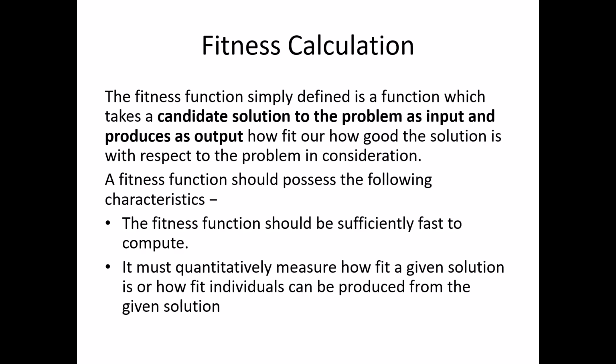That fitness function should be very fast to derive that particular solution, right? That should be a fitness function that we have to take. And the second characteristic is it must quantitatively measure how that fitness function is given a solution, and how that fitness function can be produced from the given solution.